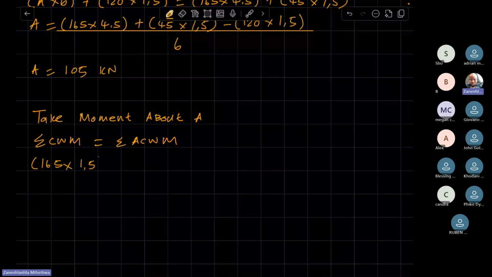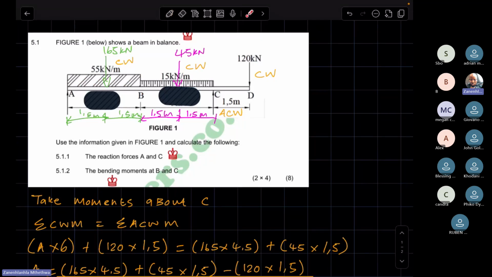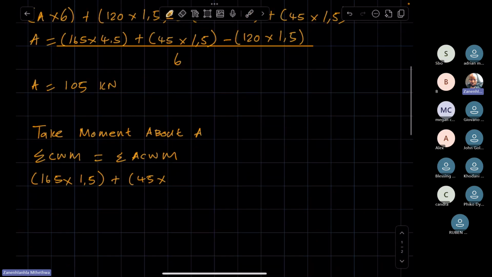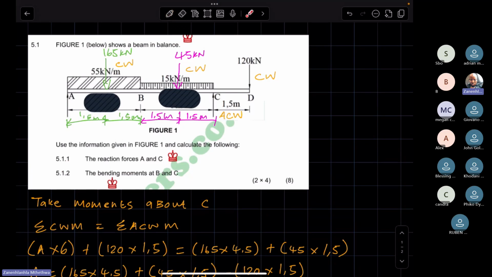So times 1.5 plus the 45 times the distance between the 45 and A, so from here to there, 4.5. So that's 4.5 plus the 120 times the distance between the 120, so from here to there, which is equal to what? 7.5.